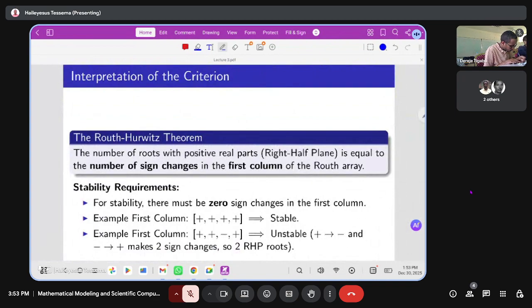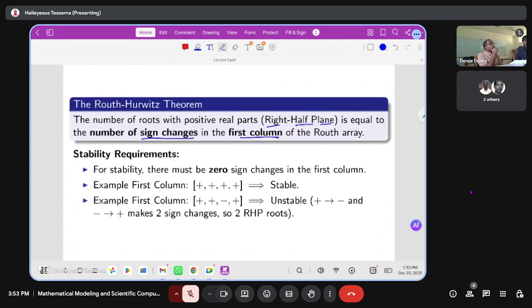After constructing the Routh array, the number of roots with positive real parts, from the right half plane, is equal to the number of sign changes in the first column of the Routh array. Have you seen what that means?